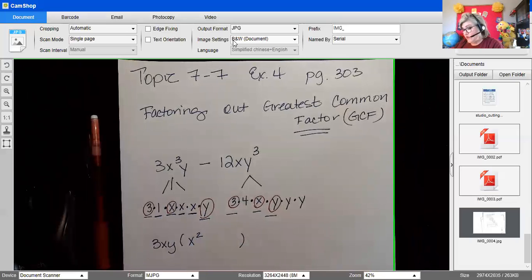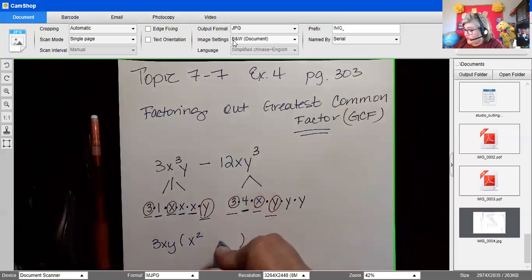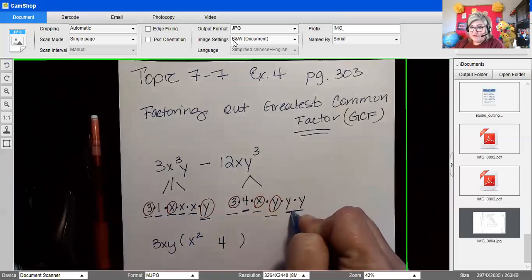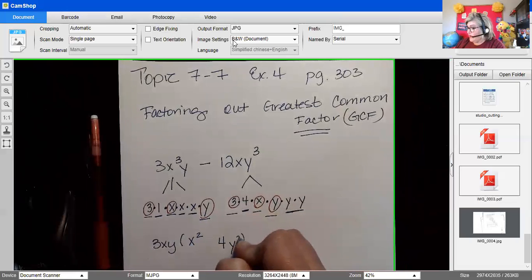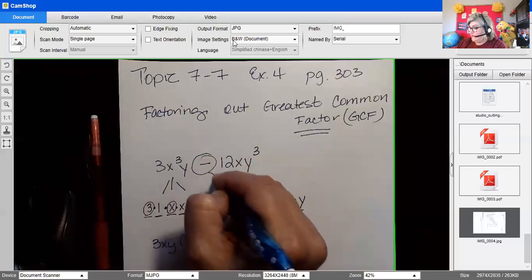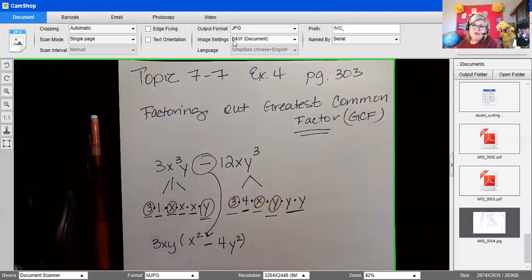But with the second term, this is a 4, and so we do need to include it. So we have 4 and then 2 y's. So that's y squared. And now we're going to come back up and get this subtraction sign and put it right there. So we have x squared minus 4y squared.